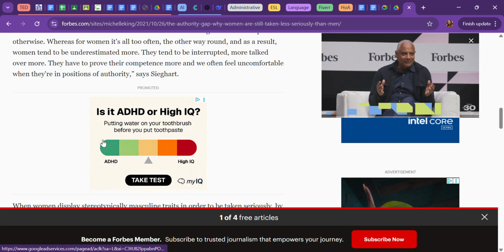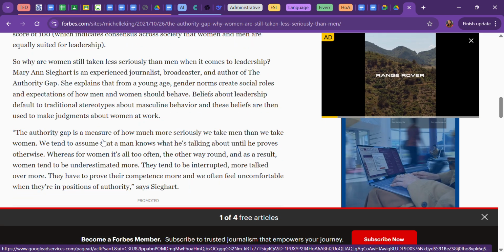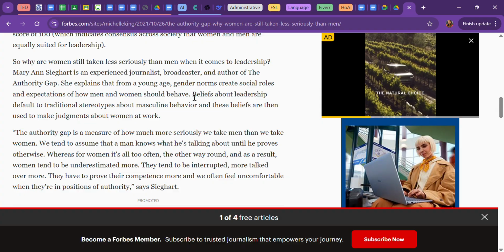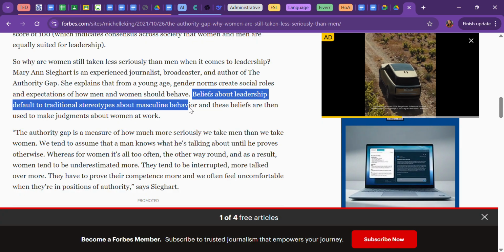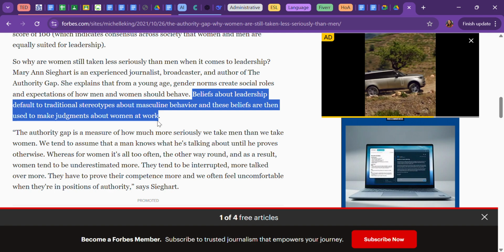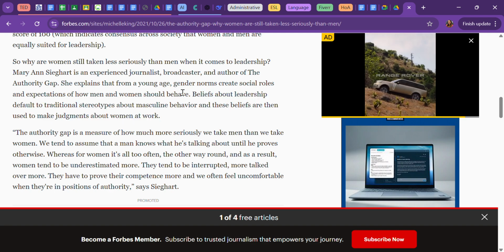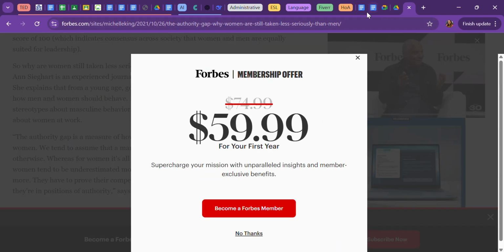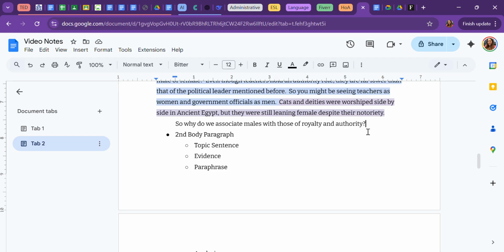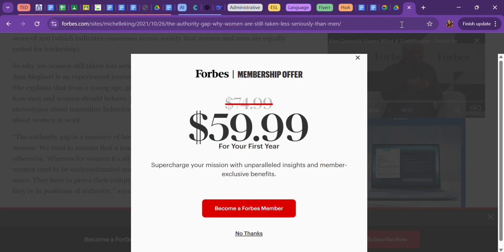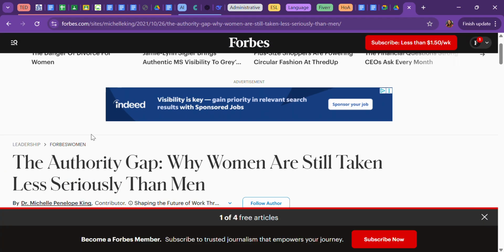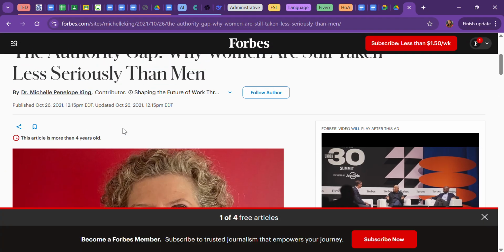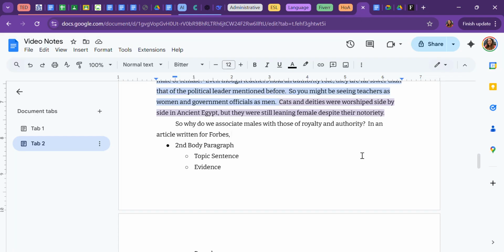So there's what happens when they go beyond it, and then there's the authority, there's the traditional stereotypes about masculine behavior and these beliefs. Does this really fit? Okay, so according to an article written for Forbes, who's the author? Let's see who the author is. Dr. Michelle Penelope King.